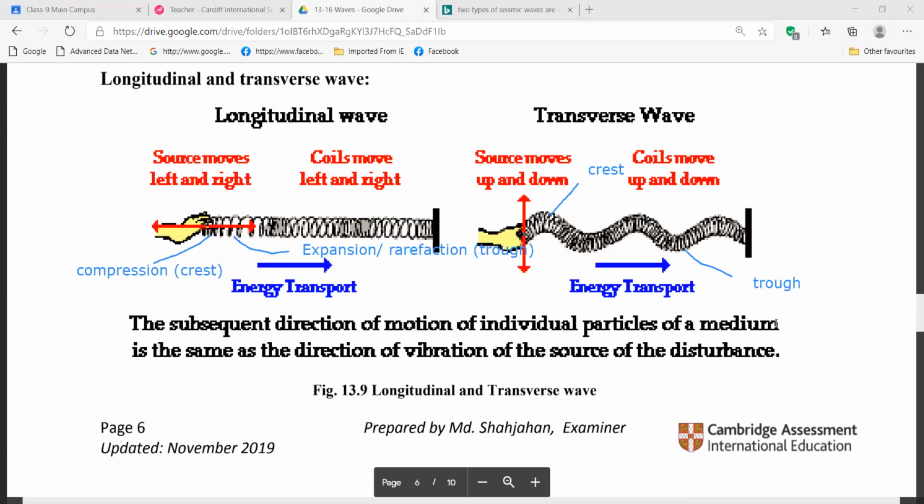Crest, trough. Then now I'm writing the definition. Definition of longitudinal wave.